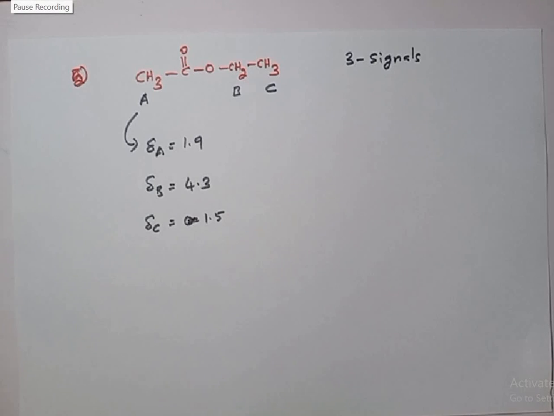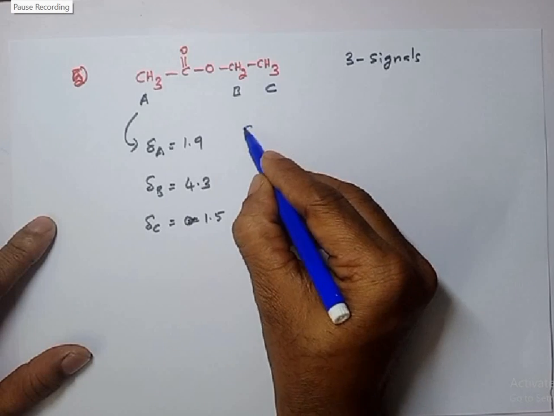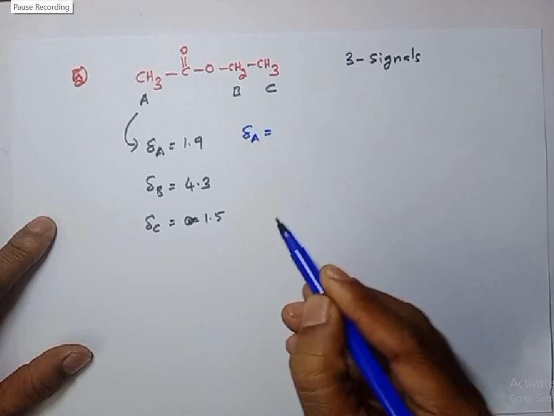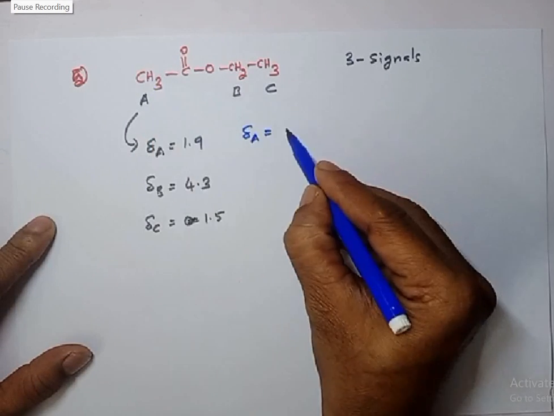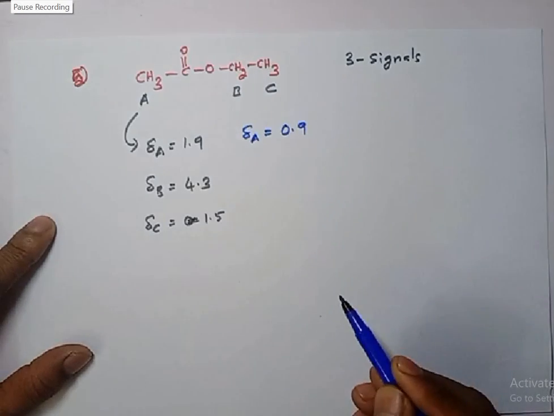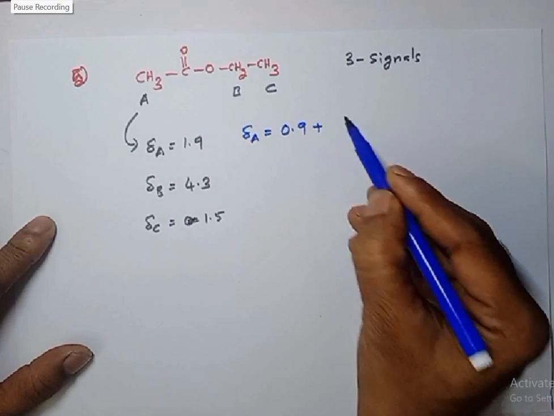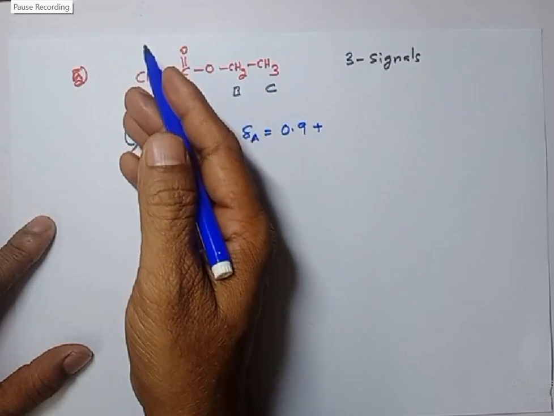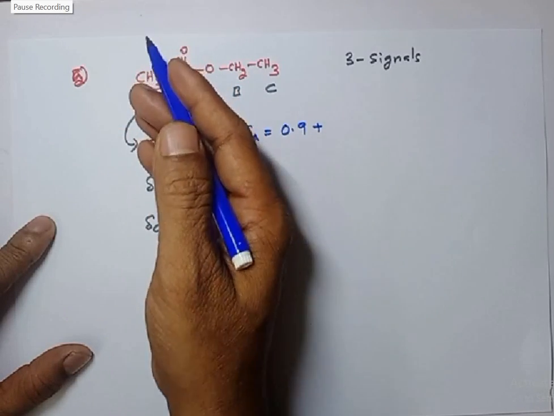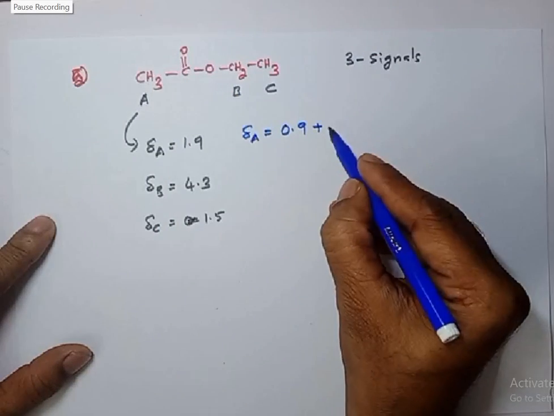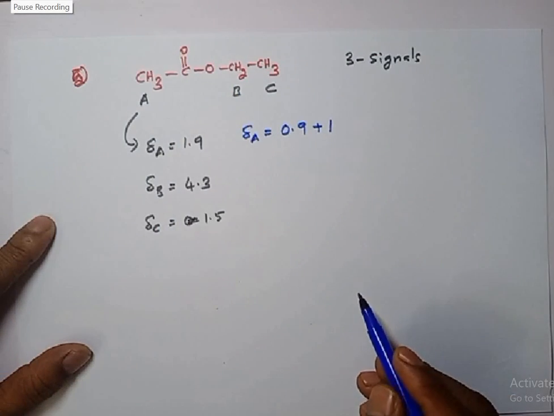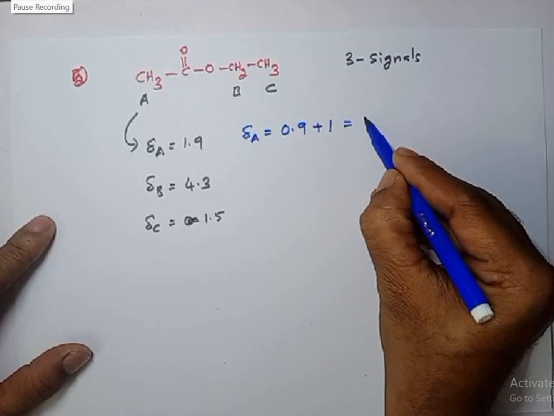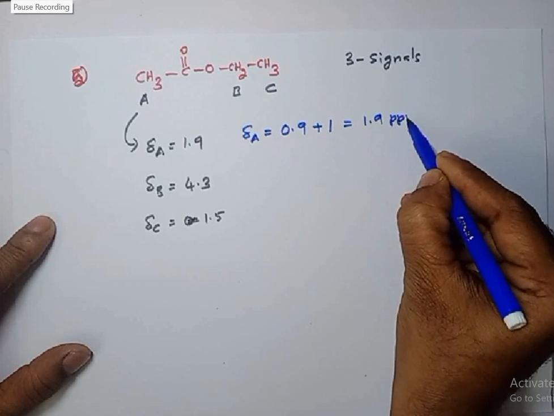Let me explain how we get these values. For the A proton, for methyl, the general chemical shift value is 0.9, plus it is attached to a carbonyl group. Whenever a methyl, methylene or methine group is attached to a carbonyl, we should add +1 to the chemical shift. So the chemical shift for the A proton is 1.9 ppm.